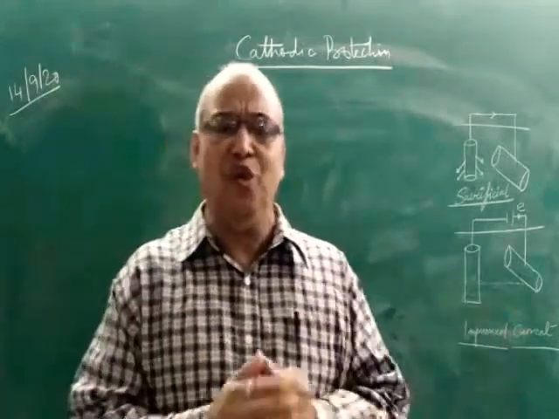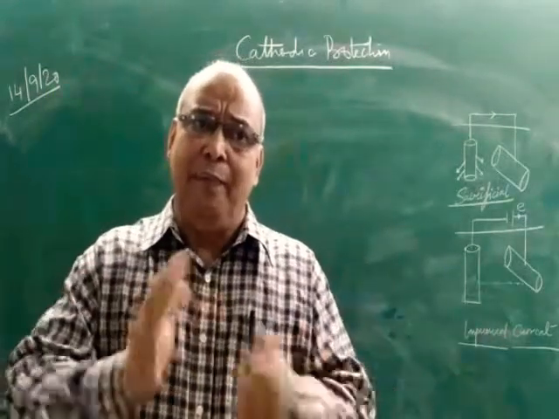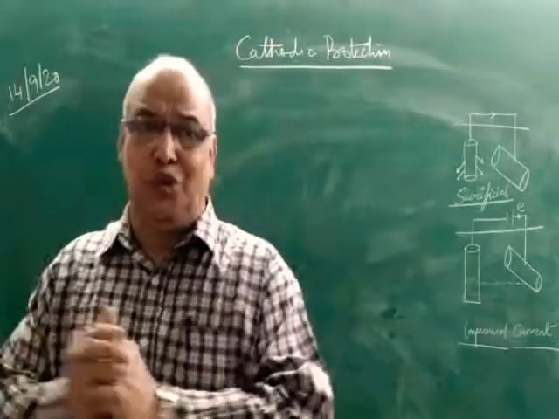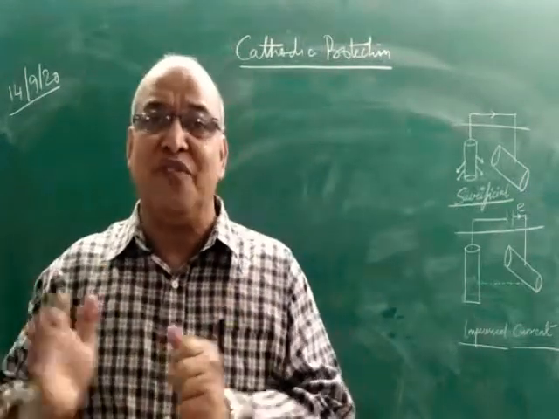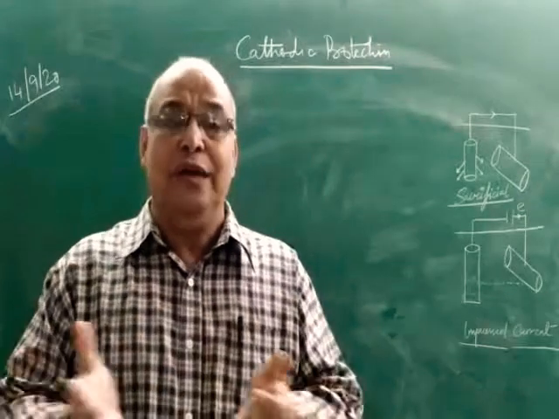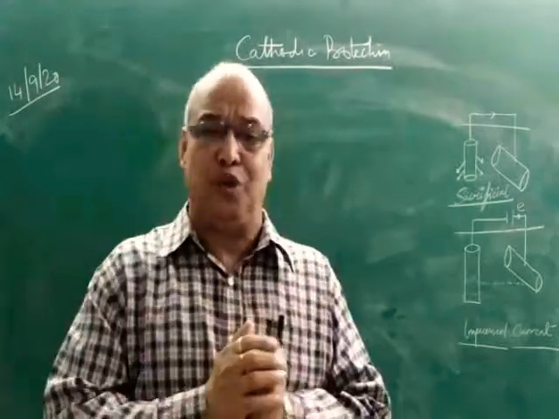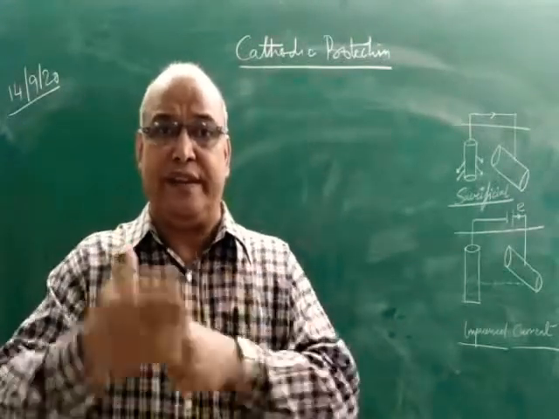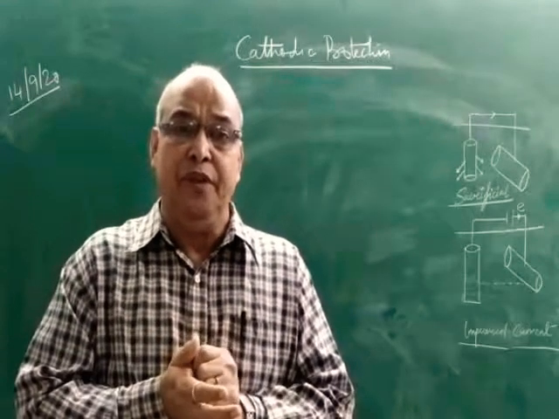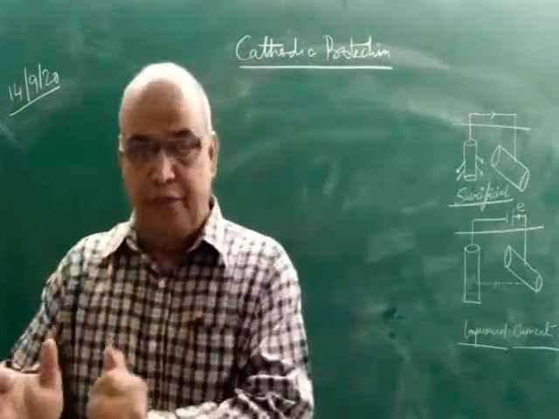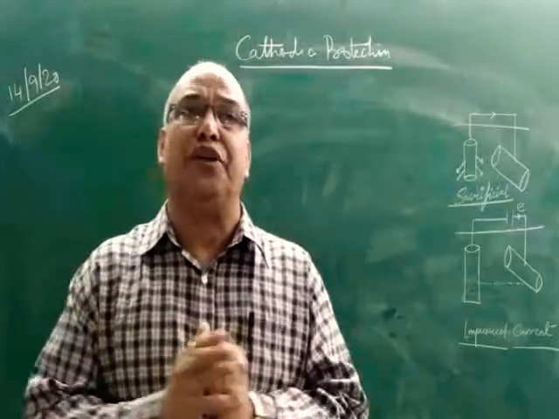As all of us know, if somehow an anode is made cathode, it will not suffer corrosion because corrosion always takes place at the anode, and therefore this is an attempt to convert your corroding anode into a cathode so that it will remain protected.